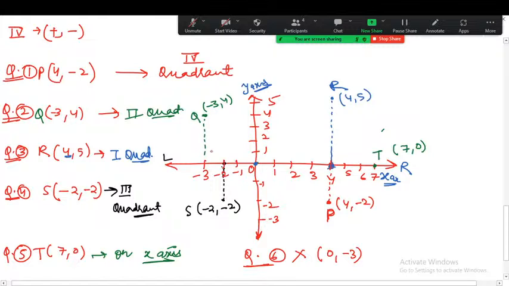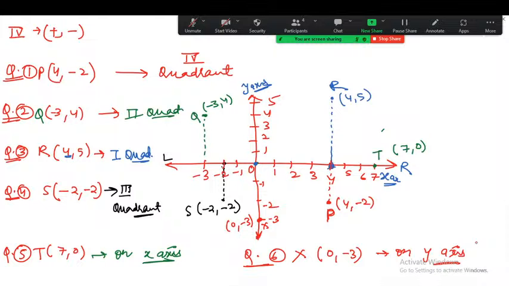So we move down to minus 3 on the y-axis. We will move on the y-axis and it will be 0 comma minus 3, and your point X is on the y-axis, isn't it? In this way, is it now okay for you to represent a point on the x-axis, on the y-axis, or in any of the quadrants?